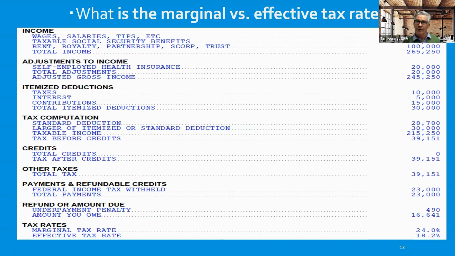And there are separate rates for single status, married filing joint, etc. In the case of the effective tax rate, that is essentially what you're paying in tax divided by your taxable income.